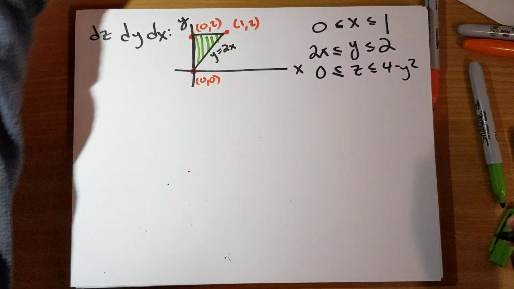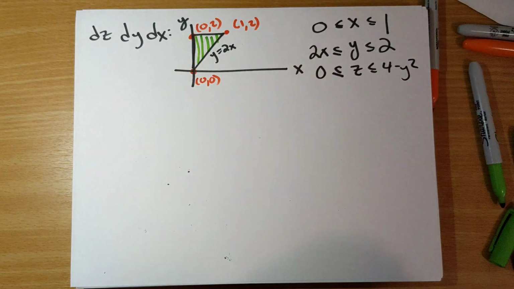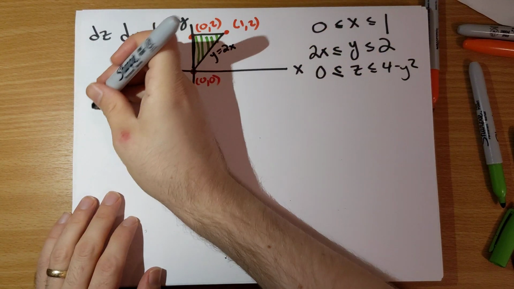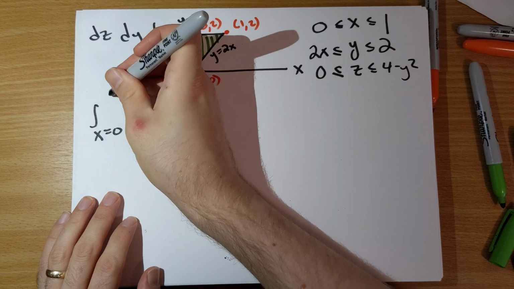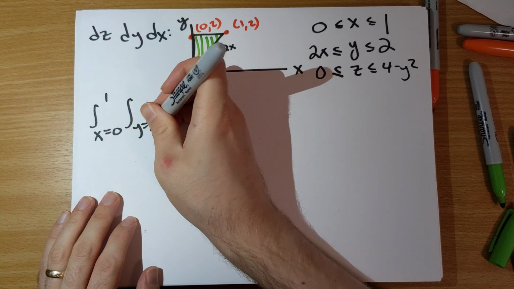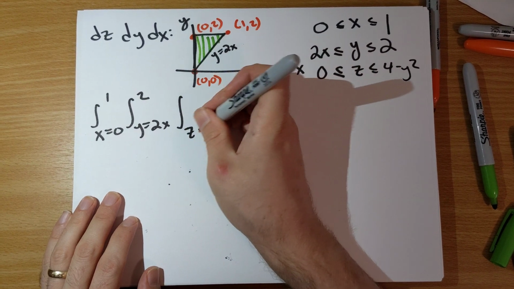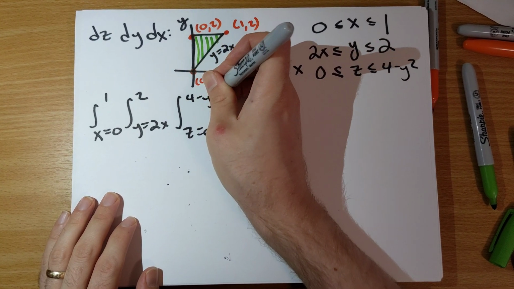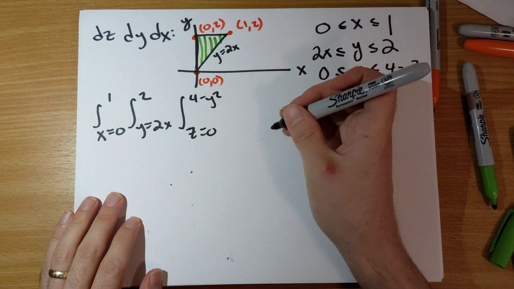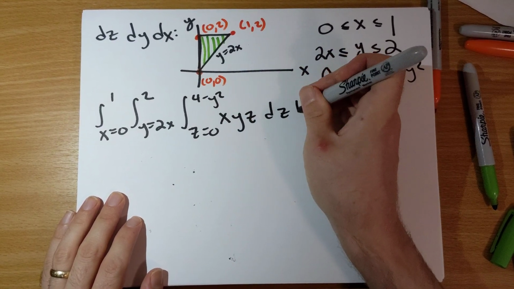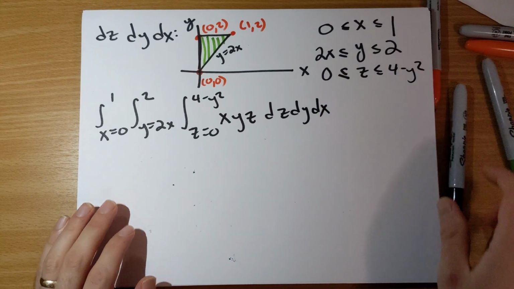So this gives us x runs from 0 to 1, y runs from 2x to 2. I'm just copying this stuff down here. z runs from 0 to 4 minus y squared. The integrand was x, y, z, dz, dy, dx.